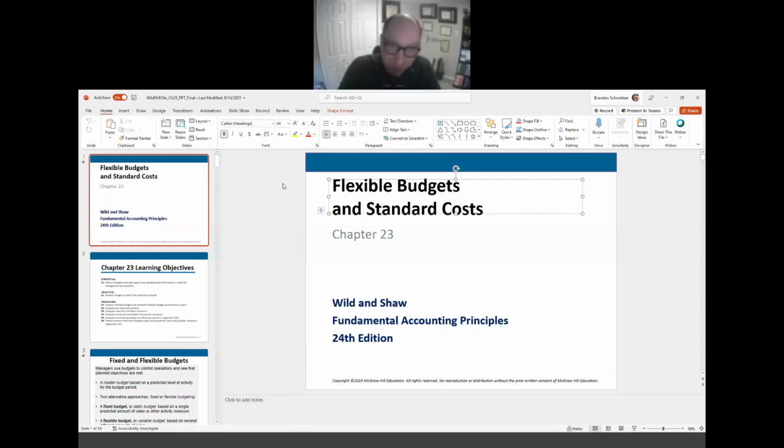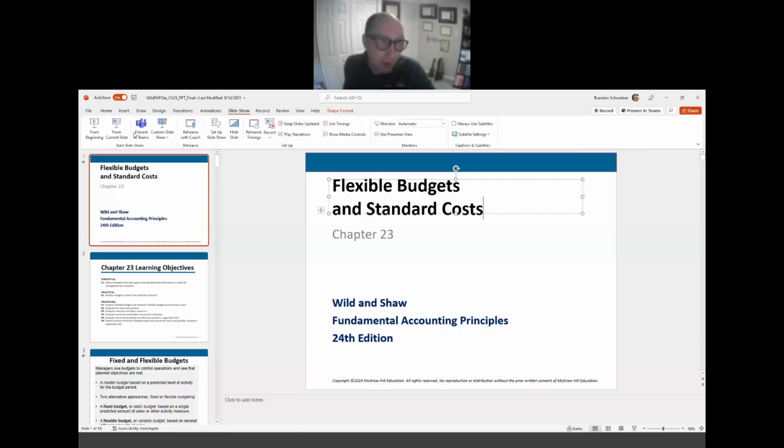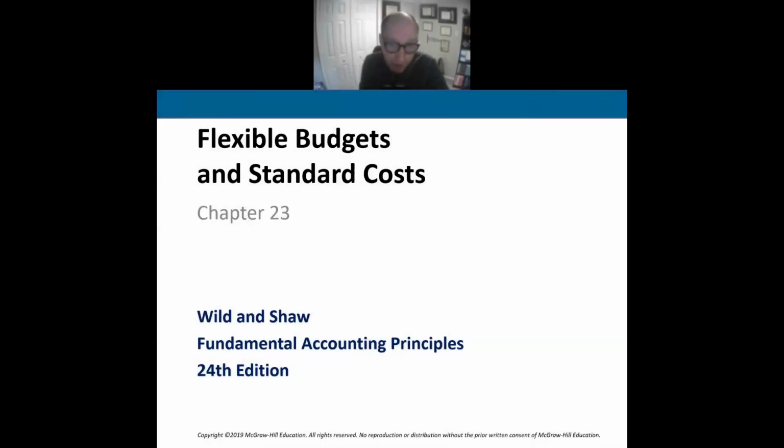And the standard cost is oftentimes not the actual cost. You might want to think of standard cost as maybe being the budgeted cost, or what the cost normally is. But sometimes it'll be different from the actual cost. And that's where the conversation will take us today. So without further ado, let's go ahead and jump into it.